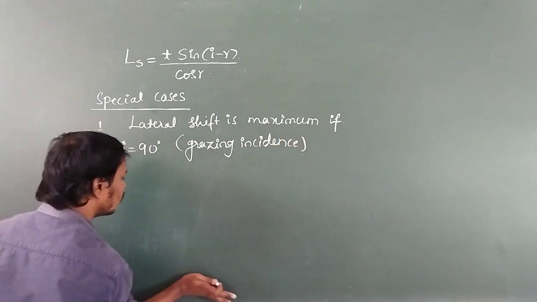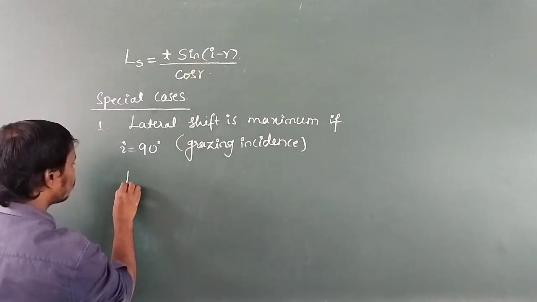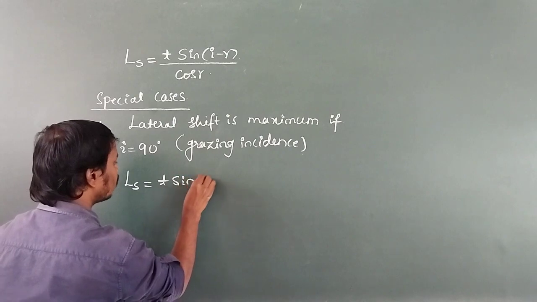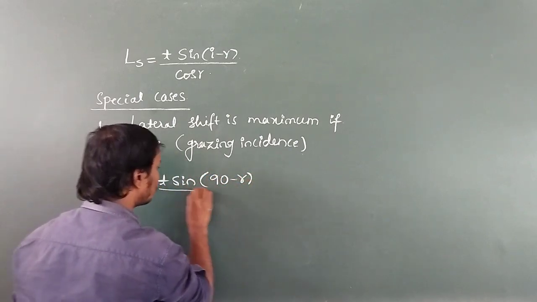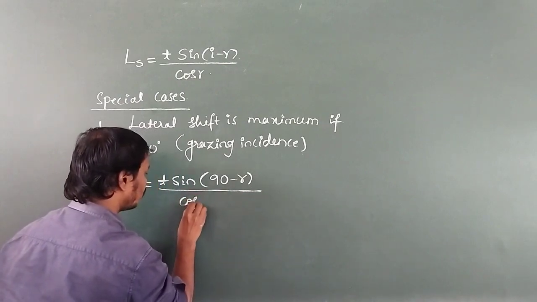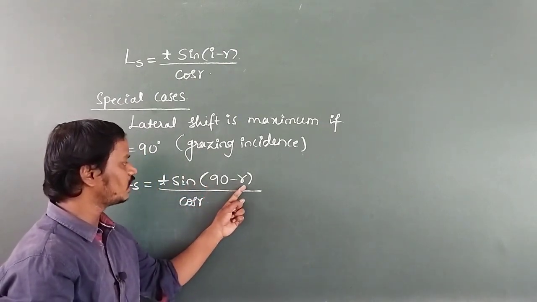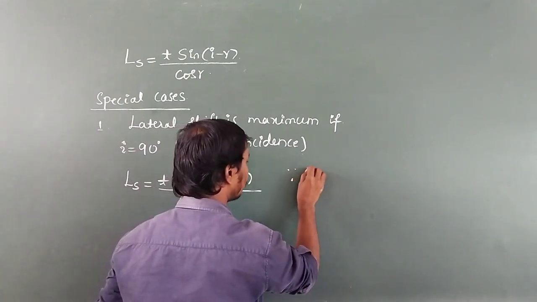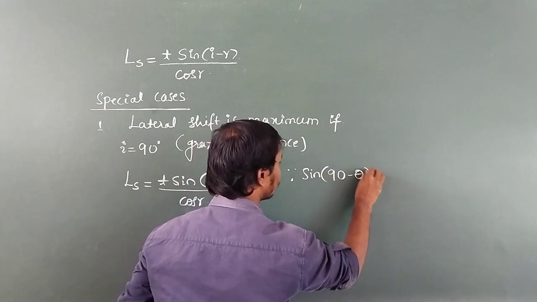Okay, see here. Let us replace I by 90 degree. Now, LS is equal to T into sin(90 minus R) whole divided by cos R. Already you know that sin(90 minus theta) is cos theta.